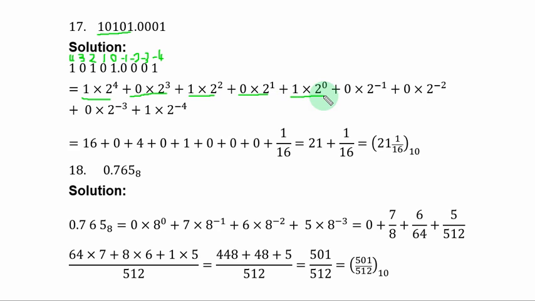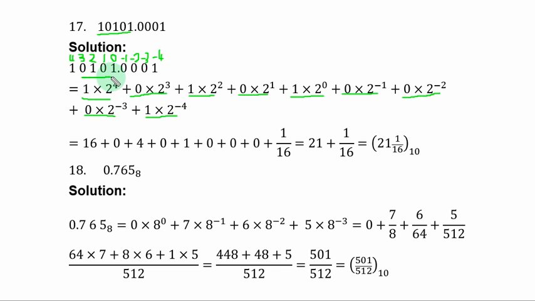We are now in the decimal part, so you have 0 times 2 power of -1, 0 times 2 power of -2, 0 times 2 power of -3 plus 1 times 2 power of -4. All the terms that you multiply by 0 are 0 instantly, so we are left with the other terms.